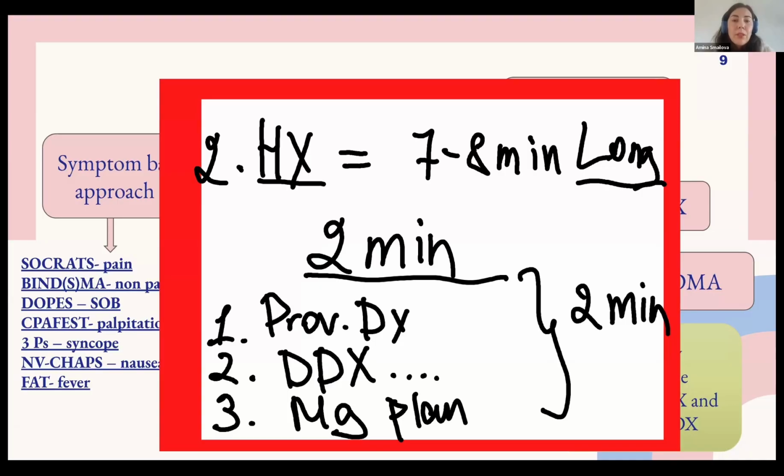Mr. John, based on your history and your positive findings, I'm really concerned this could be myocardial infarction. This is quite a serious condition. Therefore, we need to admit you here and do further investigations and give you some treatment. Would you like me to explain what myocardial infarction means? Yes, doctor. Myocardial infarction happens when a clot in the vessels of your heart gets stuck there and blocks the blood supply and oxygen to the muscles of your heart.